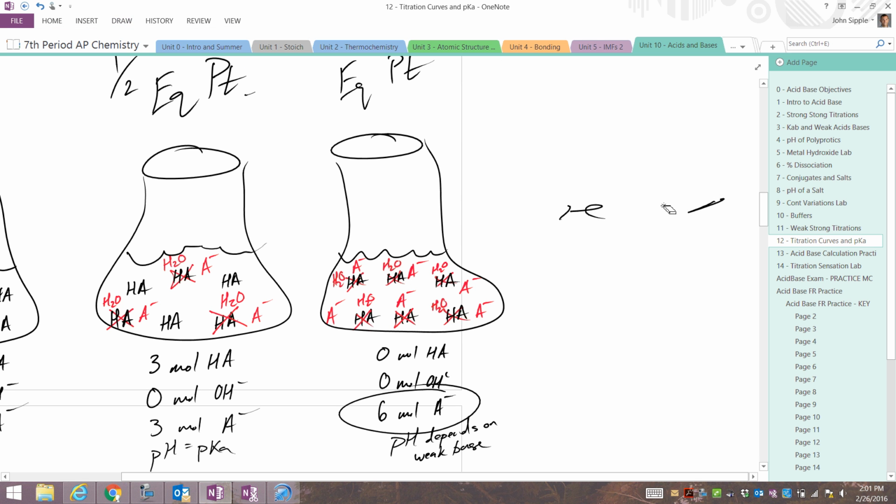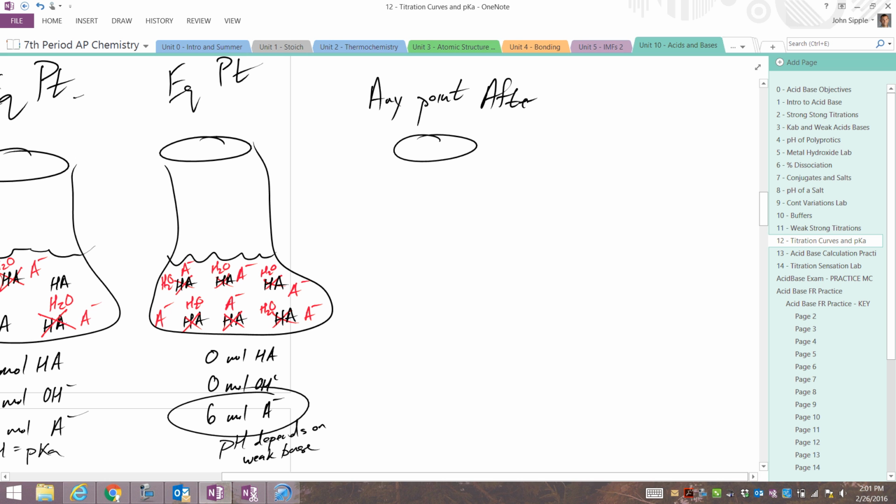And just to kind of finish this up, at any point thereafter, all right, at any point after, what are we going to have sitting around in solution? We're going to have A minus, right? We got 6 A minuses floating here. But what are we adding in solution now?